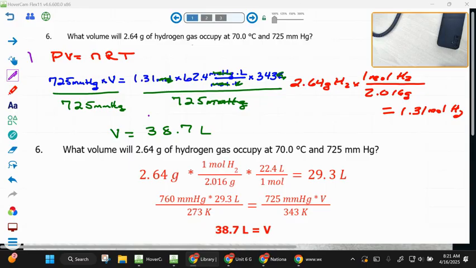Standard pressure, 760 mmHg. Standard temperature, 273. And the volume I calculated at those conditions equals my new pressure and my new temperature. Solving for V, in the end I get exactly the same answer. Meaning, you can solve these problems in multiple ways. Questions?